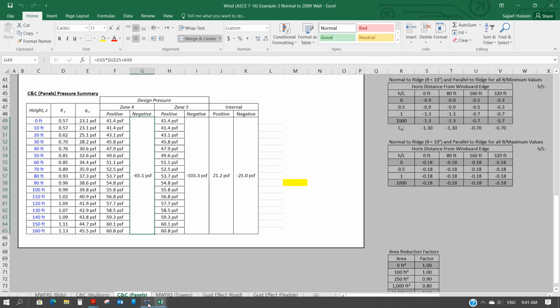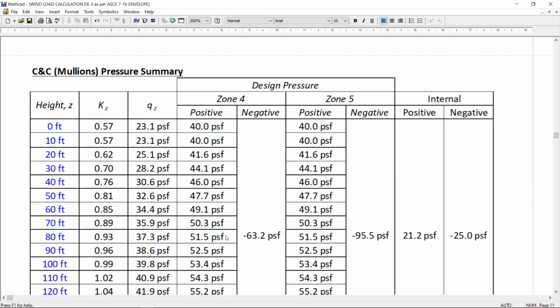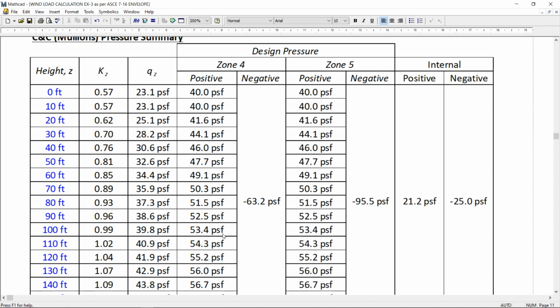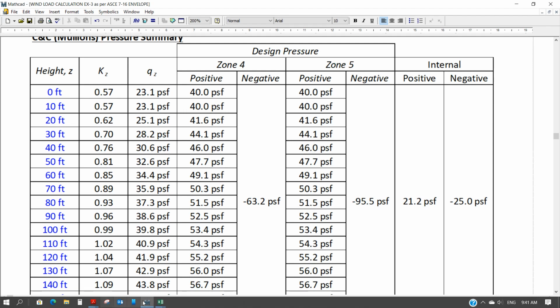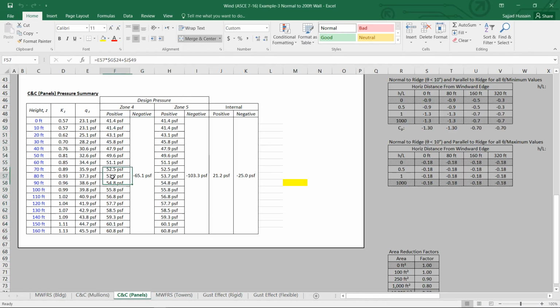So based on that, I calculated all this, and here this is the net sum, because you can see I have already added the positive and negative pressures. So this is the final pressure in zone 4.